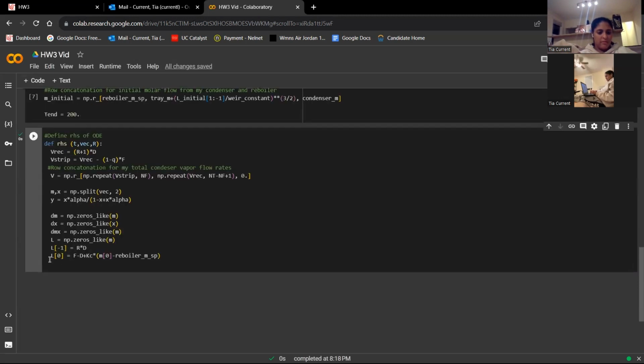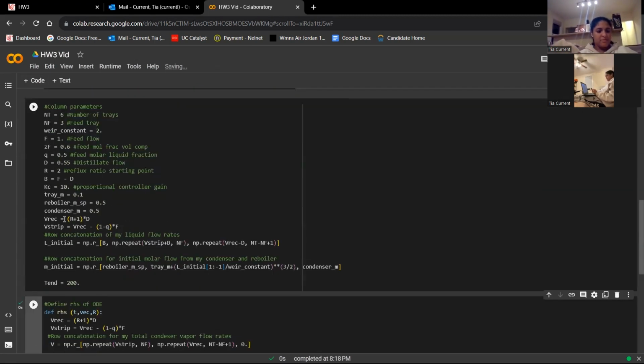That works. So I have my L0 in brackets is equal to F minus D plus KC times M times M with the 0 in the brackets minus my reboiler set point for the molar holdup.